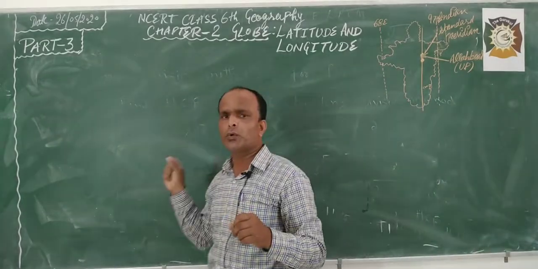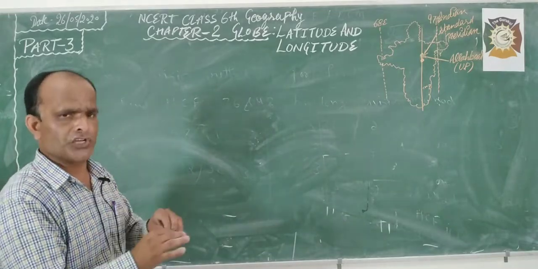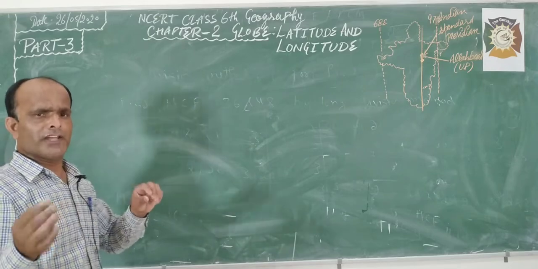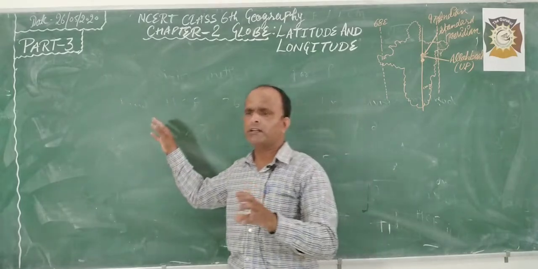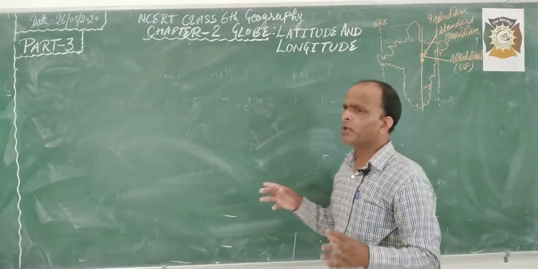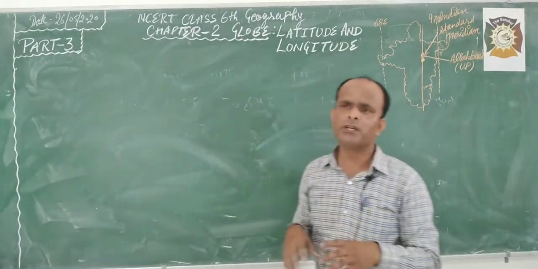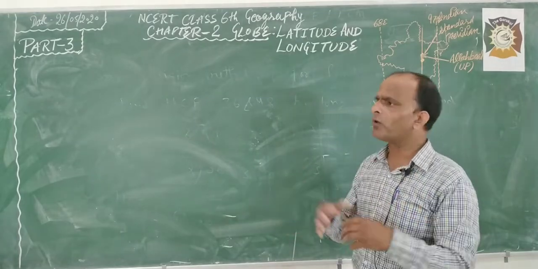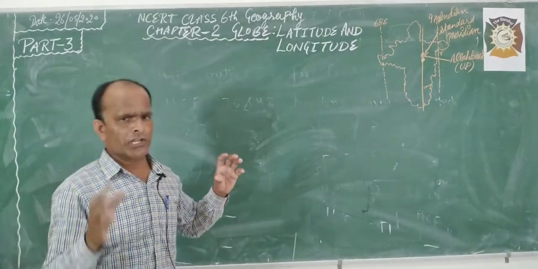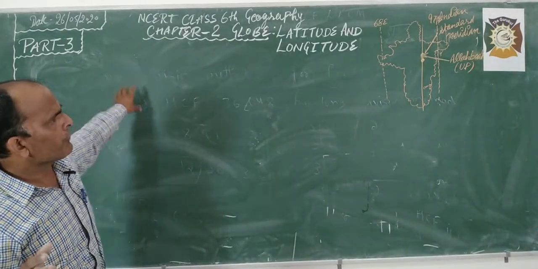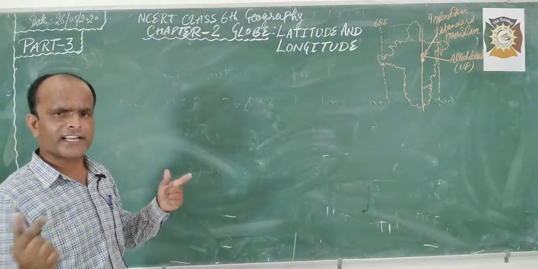By drawing latitudes we can't locate any place. We can only imagine that this country, this continent, or this place can be anywhere on this circle. But if we want to know the perfect location of a place, we need longitudes. Longitudes give the perfect location of a place where the longitude and latitude intersect each other.